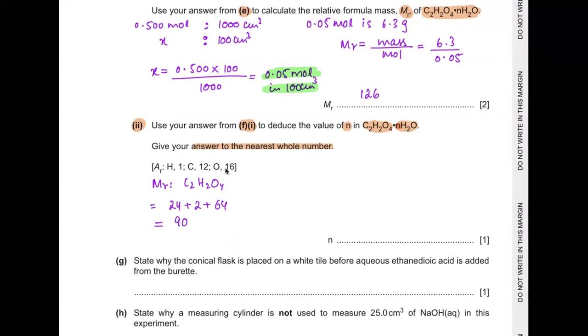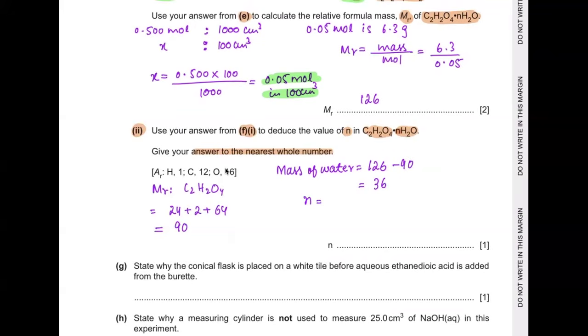MR of C2H2O4. So from this, I am able to calculate the mass of water. The above MR has water in it, and the MR that I have calculated in this part doesn't have water in it. So when I subtract these two, I'm going to get the mass of water, 36.